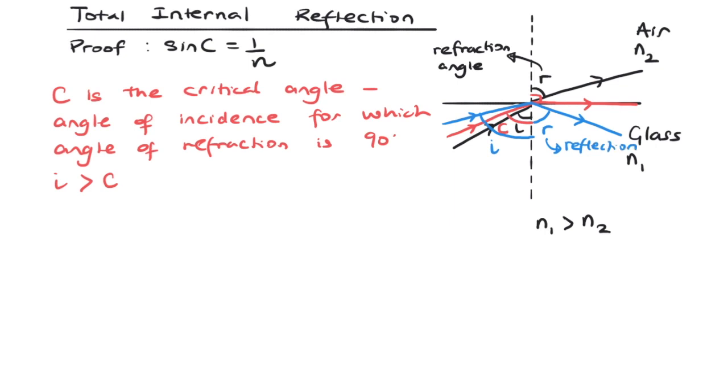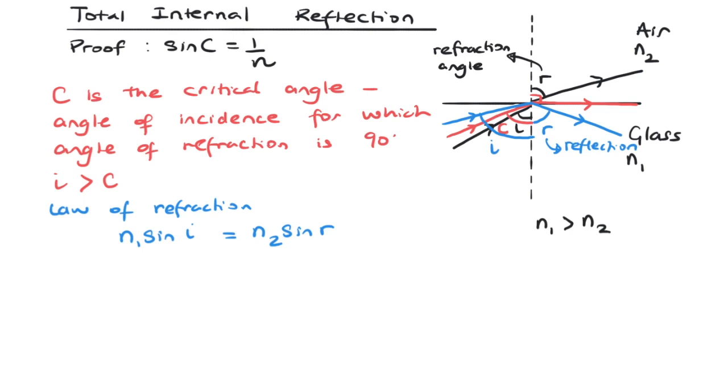So if we now apply this, you may have heard of Snell's law, or the law of refraction, which simply states that N1 sine I, or sine theta 1, is equal to N2 sine theta 2. Now I can make it more clear and just use I and R, where angle R is the angle of refraction.